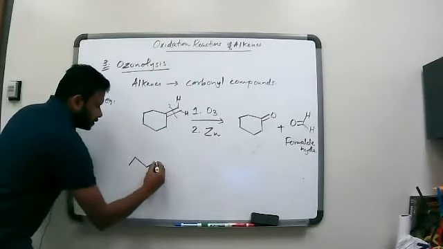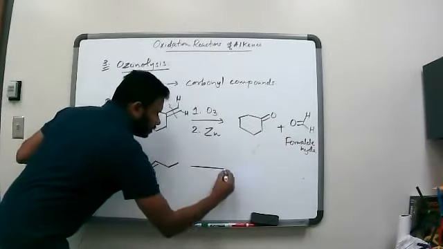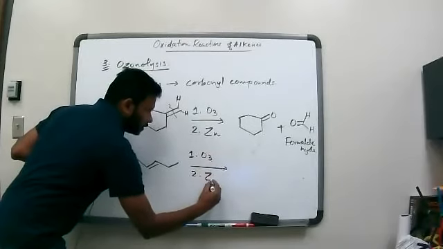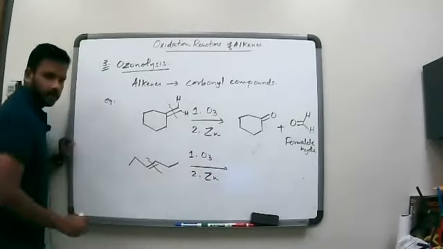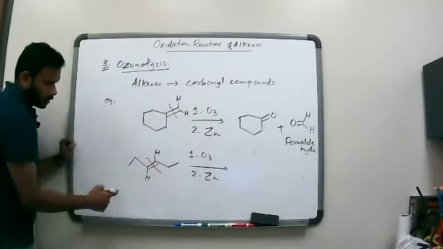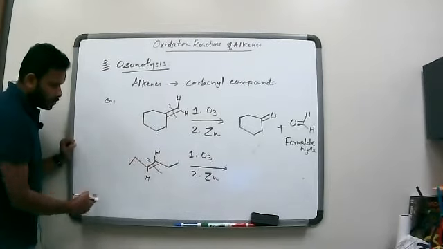But we get a ketone and an aldehyde. If it were something like a straight chain like this, and we do this reaction, ozone and, let's say, zinc, we break it here, there is a hydrogen here, hydrogen there. Since it is a di-substituted alkene, I should get two aldehydes.